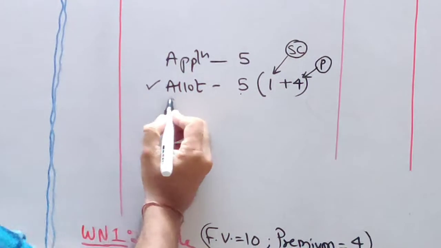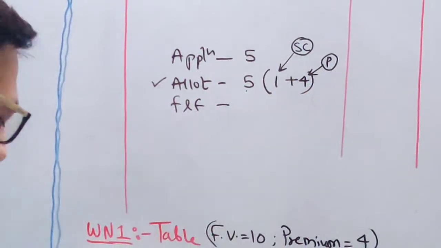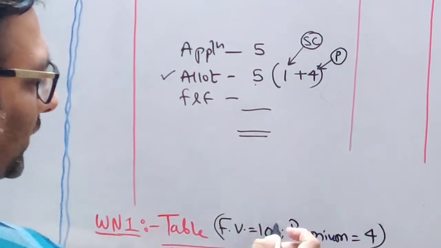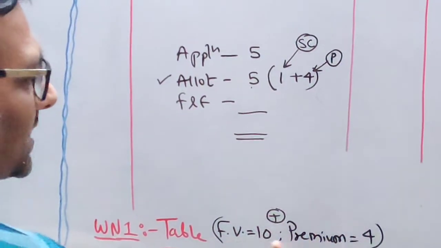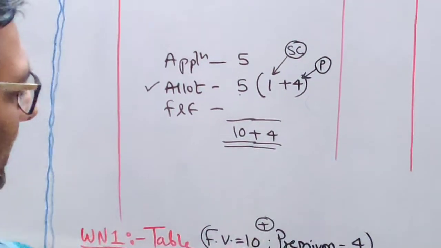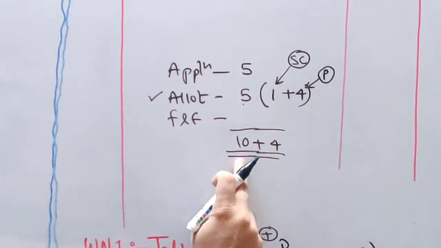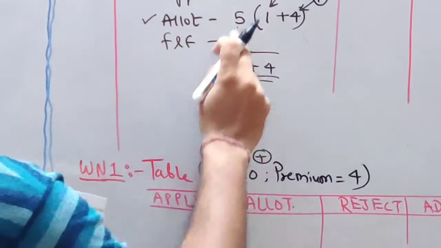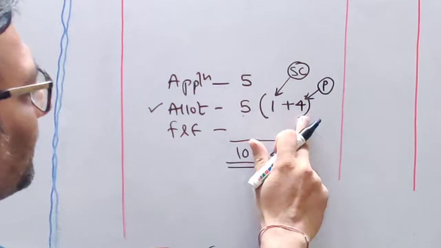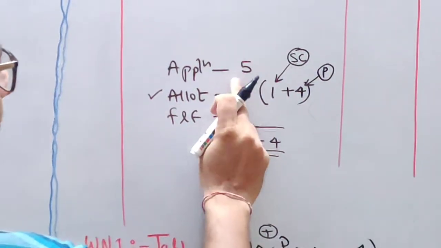And first and final call of the balance. So what is the balance left? How much total are we going to receive from the shareholder? 10 plus 4, 14. This is the total you are going to receive. And here it is 5 plus 5 including premium, so it will be 10.